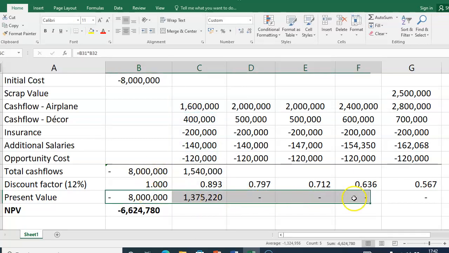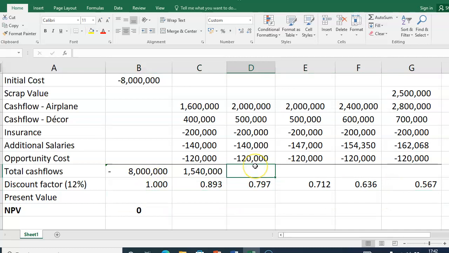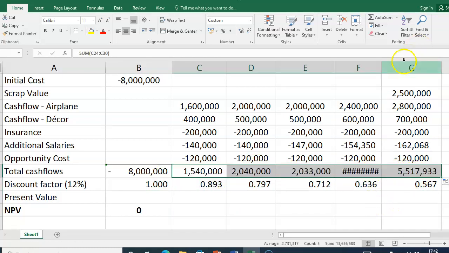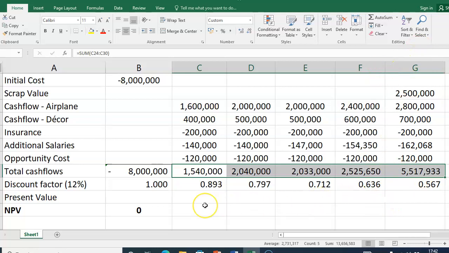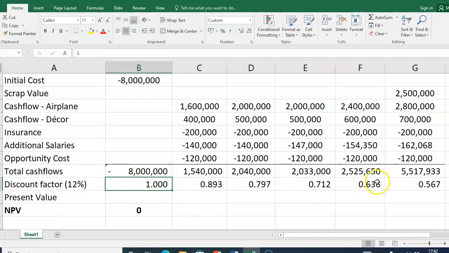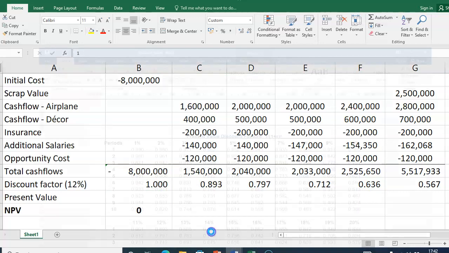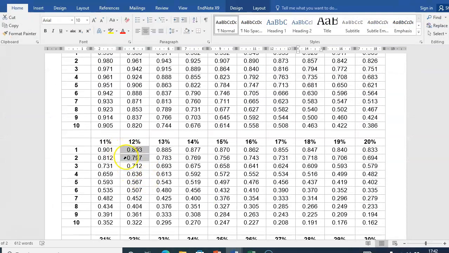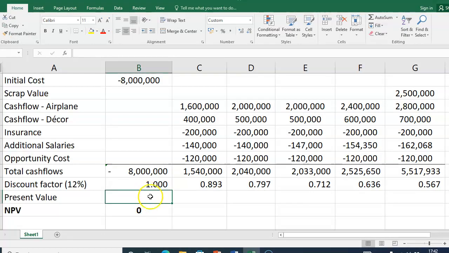My next line is auto-populating, so I'm just going to get rid of that for a second. If we add all of those up, there's our cash flows in year 1, 2, 3, 4, and 5. Our discount rate is 12%, so again, you go to the discount tables, go to 12%, and work your way down. To calculate your present value, you take your cash flow and multiply it by the discount factor.